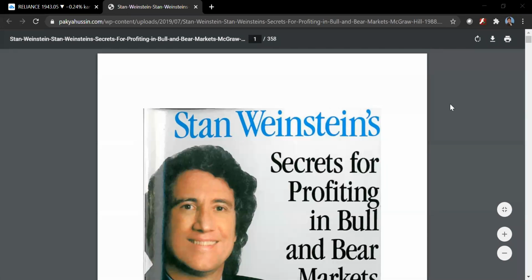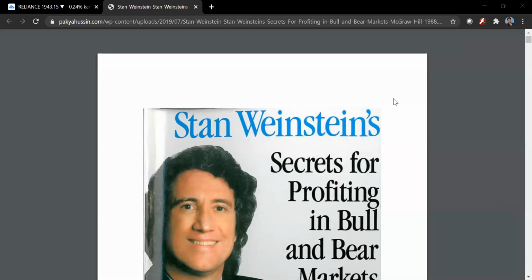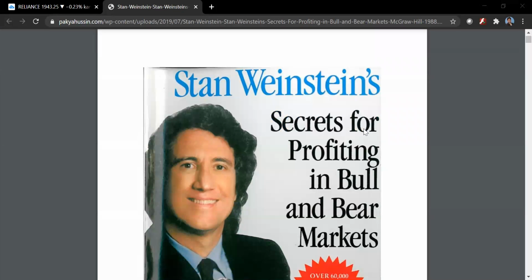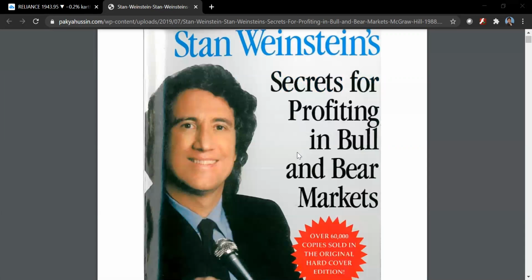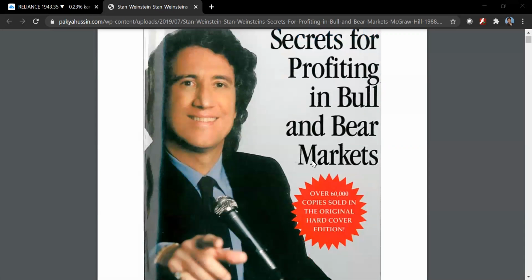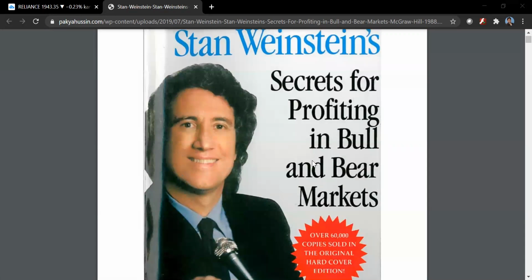But instead of the 30-week EMA, I found that the 150 days WMA gives equal signals when both are compared side by side. If you want to know more, you can buy this book. You get it on Amazon. It's a very good book.